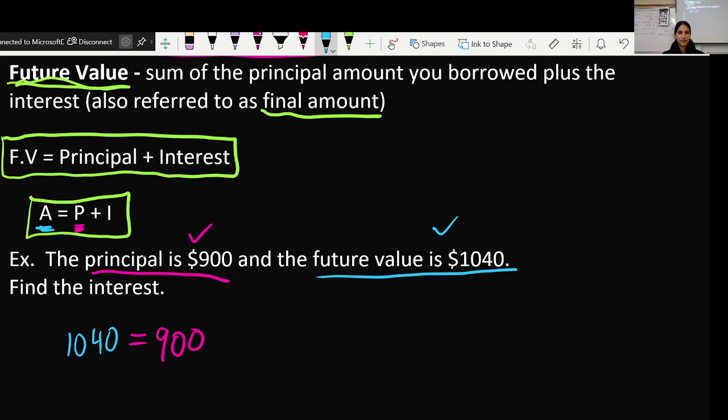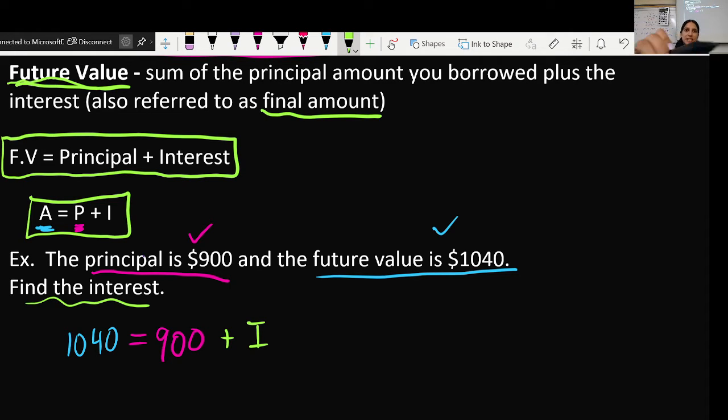We're done with that. Plus, or sorry, find the interest. So I'm going to say plus I. Pretty straightforward so far. It's just a matter of knowing which variable means what and plugging that into our formula.